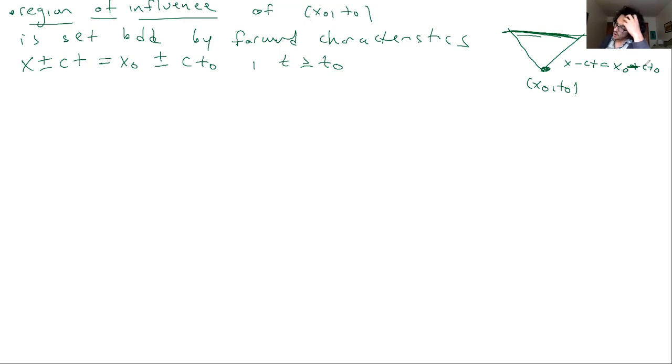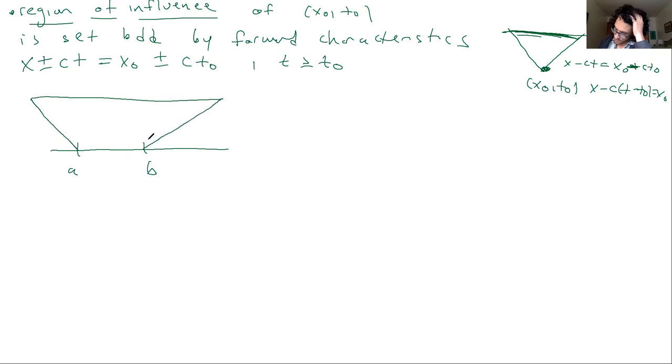All right, or, maybe put more simply, x minus c times (t minus t0) is equal to x0. So if you take t to t0, then we get x equals x0. So you may also talk about the region of influence of some interval from A to B. And that would be given by a trapezoid with characteristics emanating out of the edges.